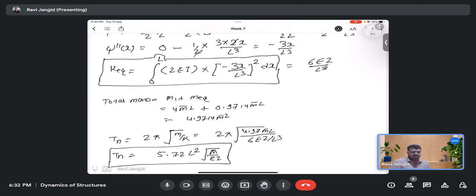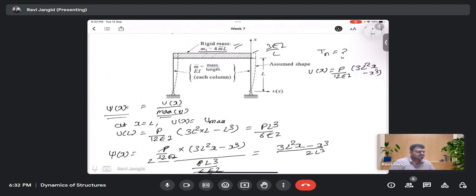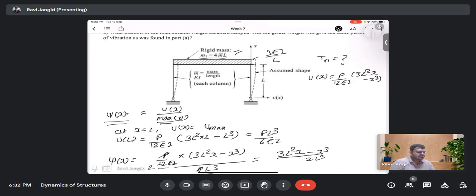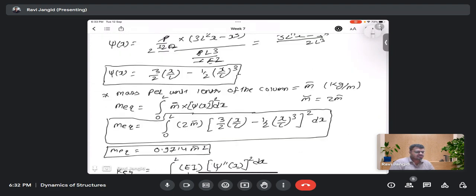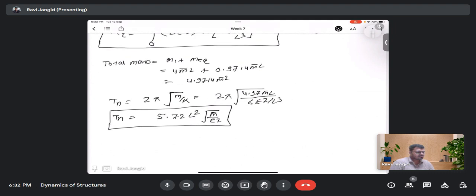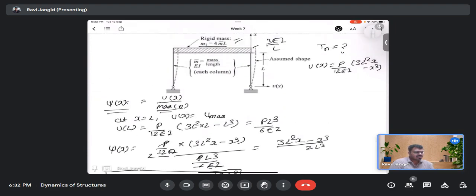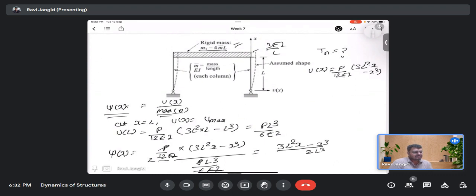Now in part B, when you calculate the omega n, we have derived in the lectures that it is the root of m equivalent by k equivalent, right? Yes. Here you are using total mass. Actually, M equivalent is okay, but we need to consider that rigid mass as well, no?